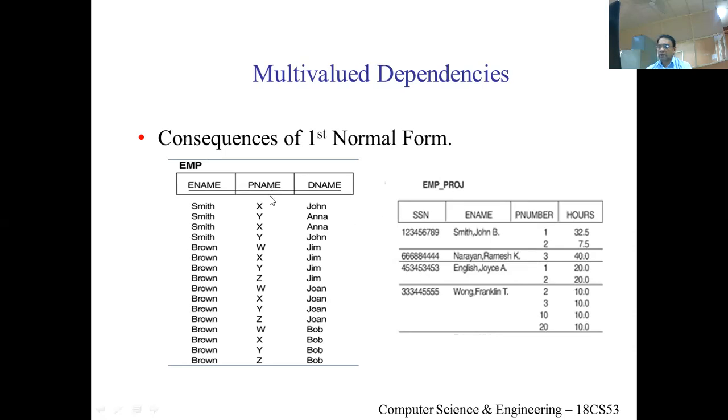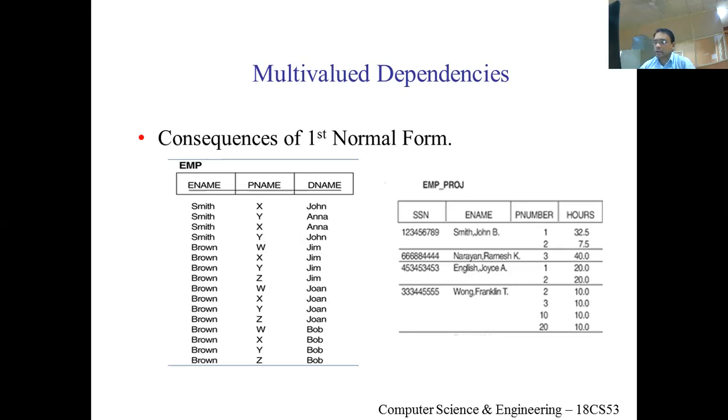For example, here this Smith value is associated with two projects, X and Y, and he has dependents John and Anna. An employee may work on several projects and may have several dependents. To keep the relation state consistent, we must have a separate tuple to represent every combination of an employee's dependent and project.